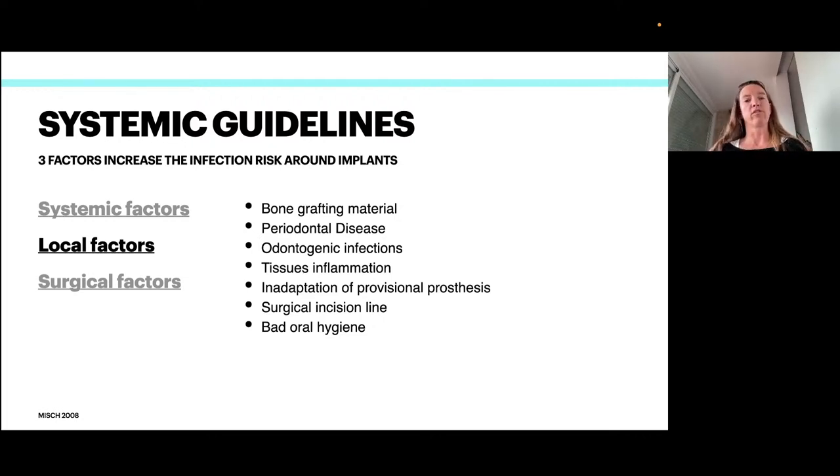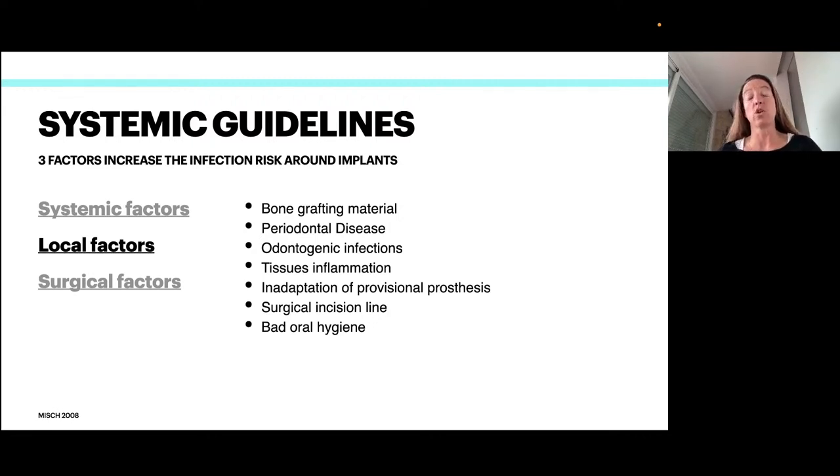In terms of periodontal disease, as I said before, we have to control the periodontal disease before going into implant surgery. Why? Because we know that periodontal pathogens can also cause inflammation and infections on the tissues around our implants, so they can lead to peri-implantitis.